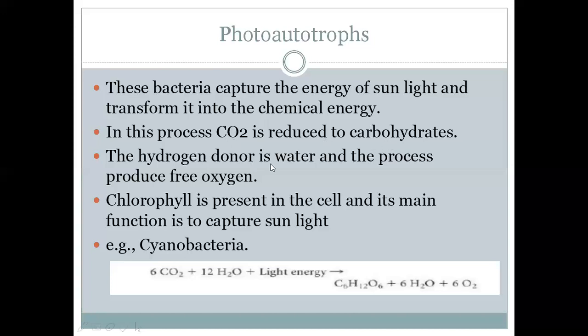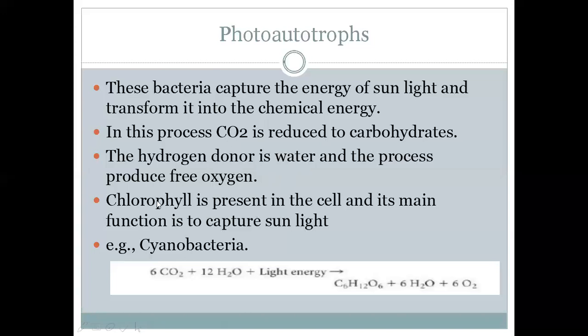The hydrogen donor is water and the process produces free oxygen. In photoautotrophs, definitely oxygen will be released as the electron donor or hydrogen donor is water. Now, chlorophyll is present in the cell and its main function is to capture sunlight.